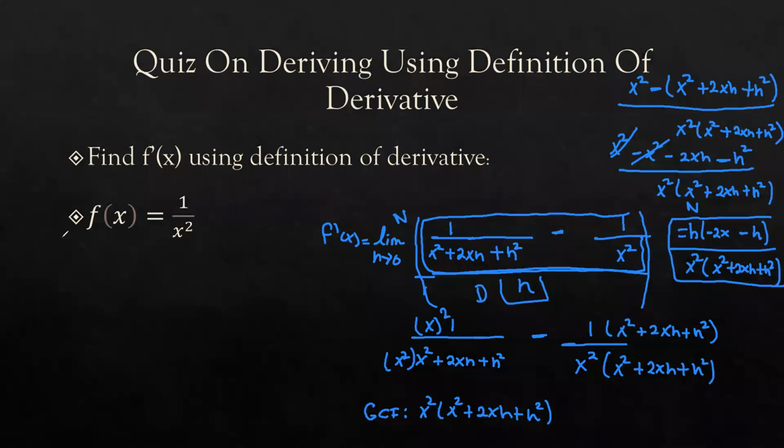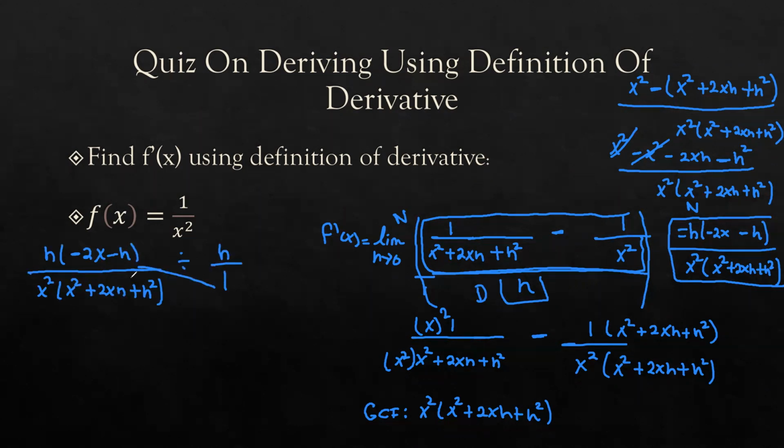Okay, so my numerator is h times negative 2x minus h, over x squared times x squared plus 2xh plus h squared. And then it says we have to divide it by h, so divided by h over 1.